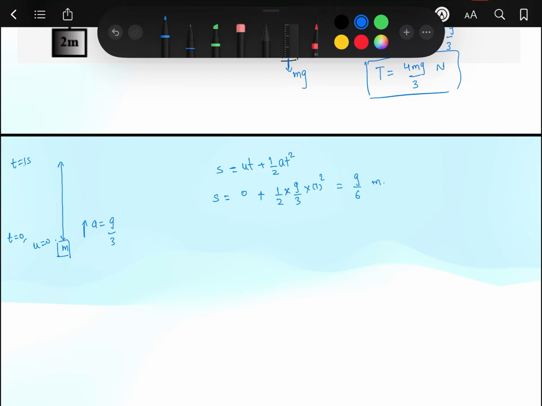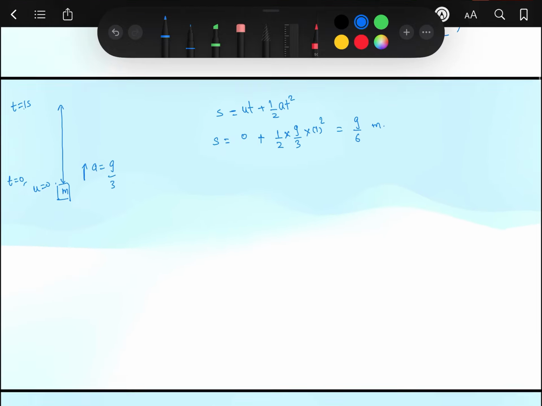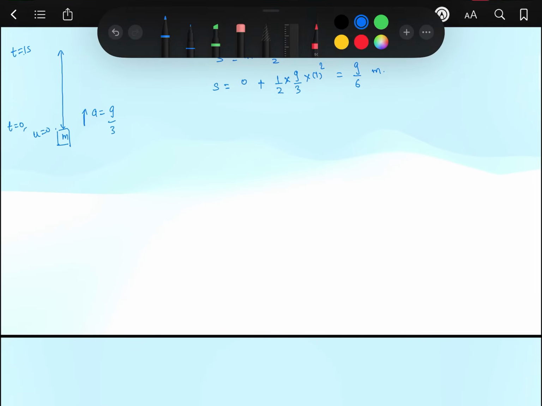Now work done by this tension force on this block m, that I can write here. This is our block m, and tension force T is acting in the upward direction on this block, and displacement of this block is also in this direction, that is S. So work done by this tension force is W, the dot product of force and displacement, that is F vector dot S vector.